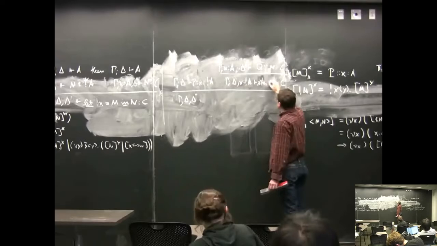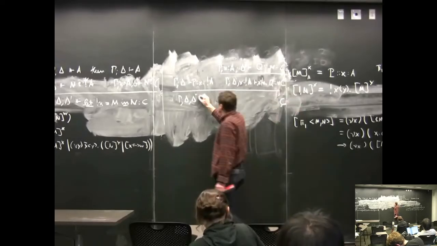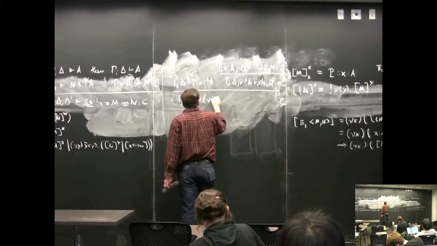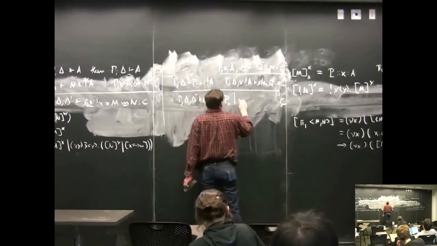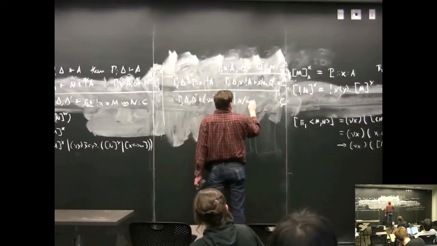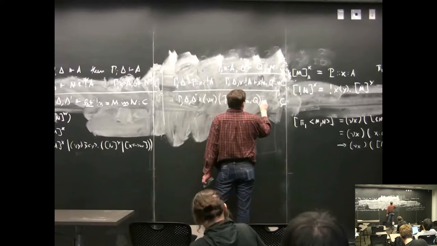X for U in Q. And then down here, we should have nu X, and then P, which mentions X, in parallel with X for U in Q.